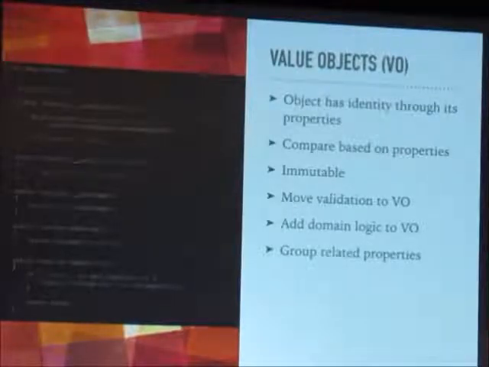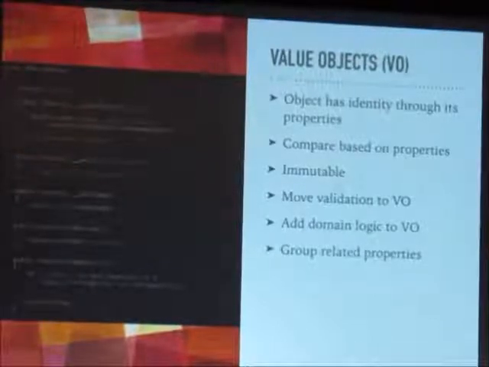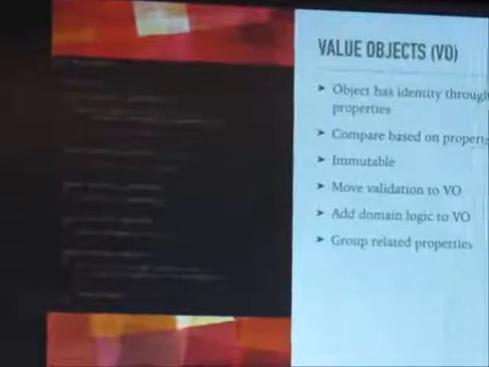If you need to make a change to it, you create a new one and dispose of the old one. You test their equality by comparing their properties, not by the actual object instance. So if you have two email address instances, they are equal if the two email addresses themselves are actually string equal, as opposed to one email address instance being exactly equal to another email address instance.